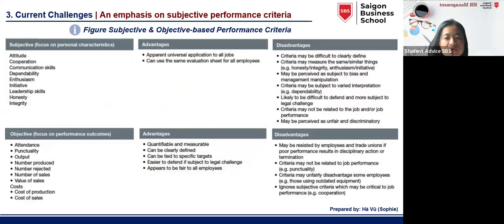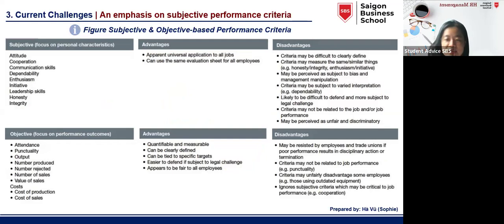The table on the screen illustrates some subjective and objective-based criteria. Appraisal systems that rely on unclear and subjective criteria are more susceptible to discrimination and can foster a culture where employees feel compelled to please their line manager rather than improve.